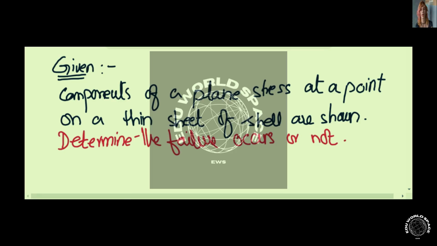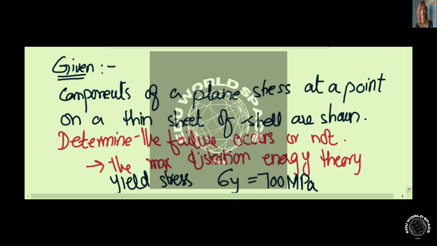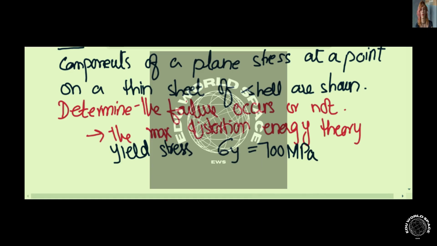And we need to base our solution on the maximum distortion energy theory. The information given to us is that the yield stress sigma sub y is equal to 700 megapascals, right? So let's start with the solution.